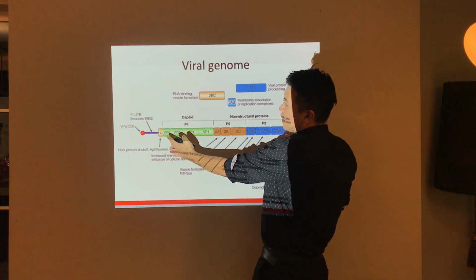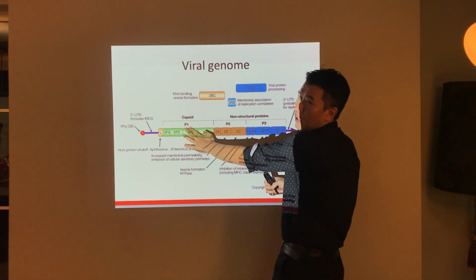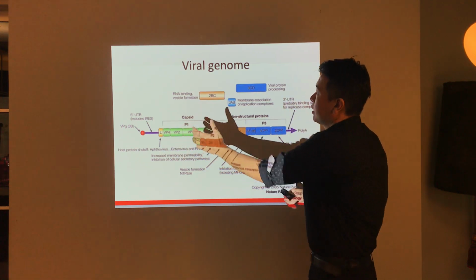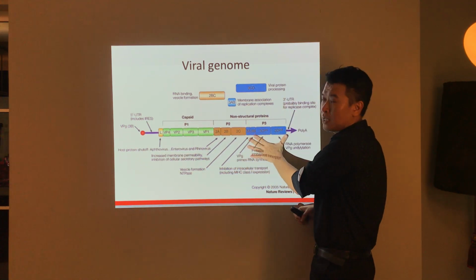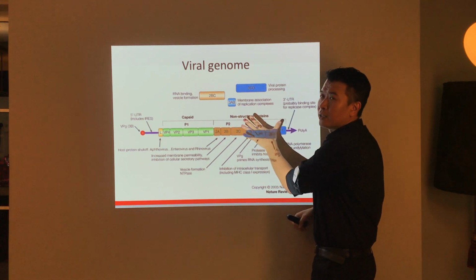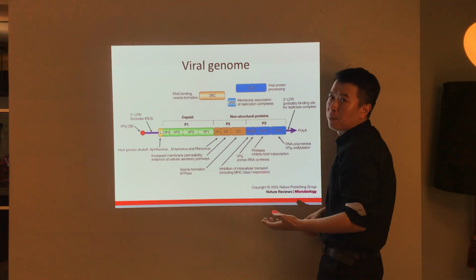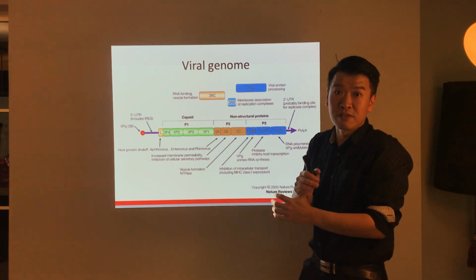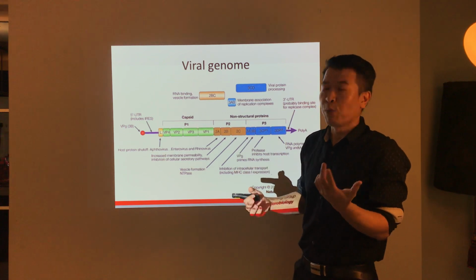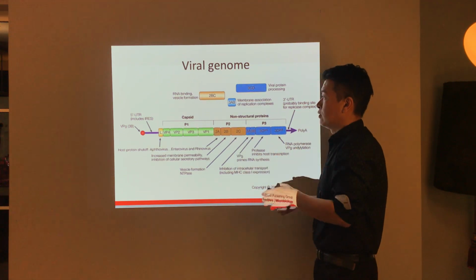So the genome can basically be separated into P1, which codes for the capsid, or we call it the structural protein. Then we also have P2 and P3, which code for non-structural proteins. So what are the proteins being coded here? For example, the enzymes, polymerase, or some proteins that are important for virus replication.